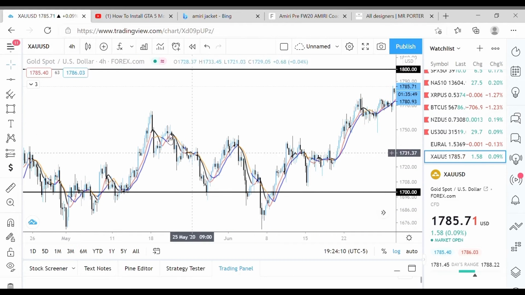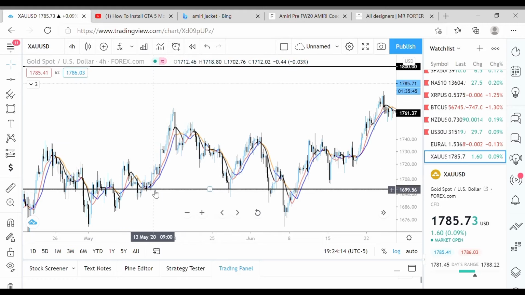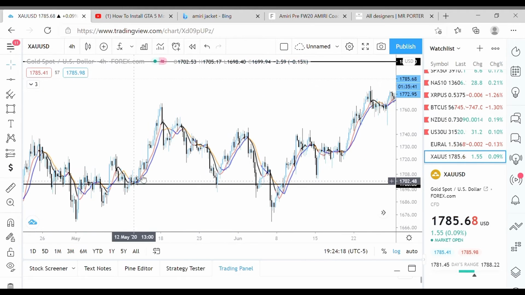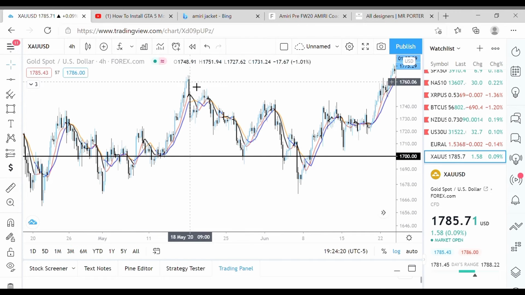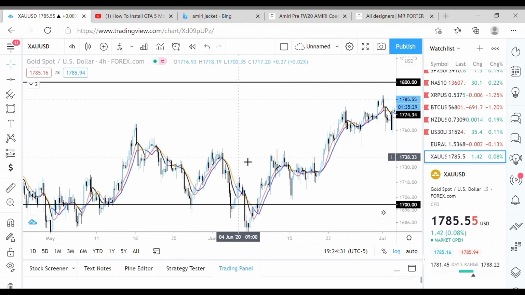In the 4 hour, sometimes it won't just go all the way up. Sometimes it will make a high, then a lower low, then a lower high, then a lower low, lower high, lower low, and it will just create market structure.